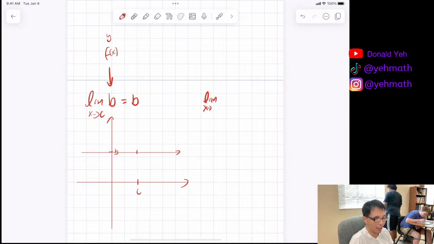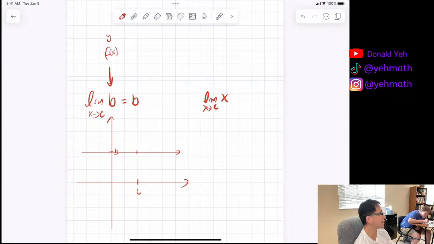So how about this one? Limit as x approaches c of x. I'm going to tell you, c is a constant. Think about the graph. Is it going to be the same type of graph as that, where it's just b? Brady?